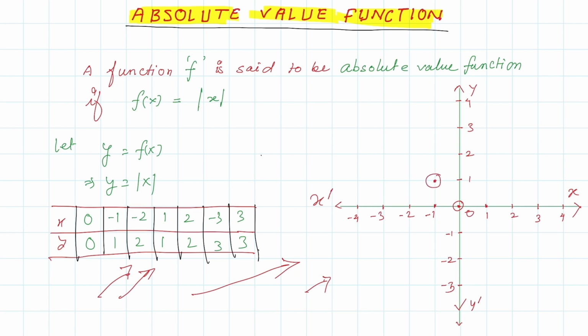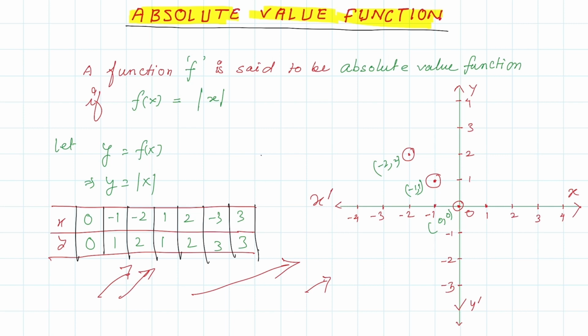This is the point -1 comma +1. Next point is -2 comma +2. So this is 0 comma 0, this one is -1 comma +1 here, and this is -2 comma +2.